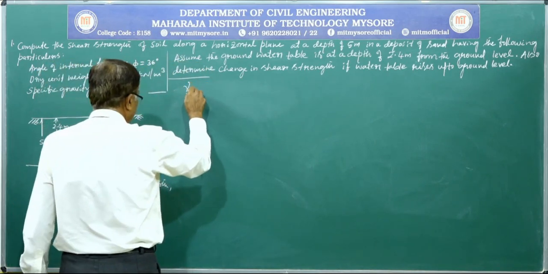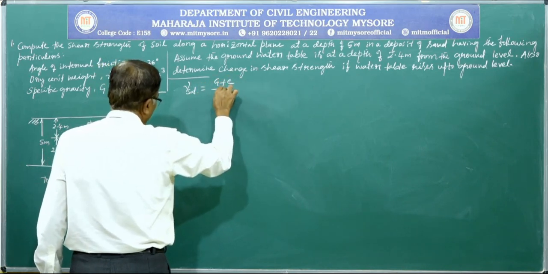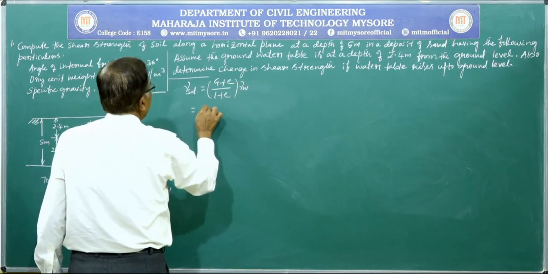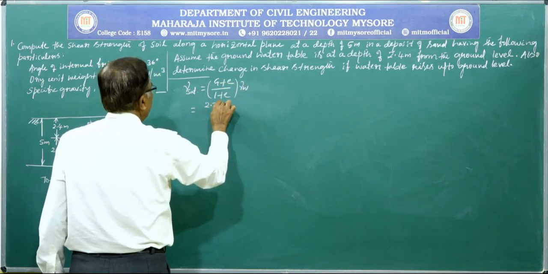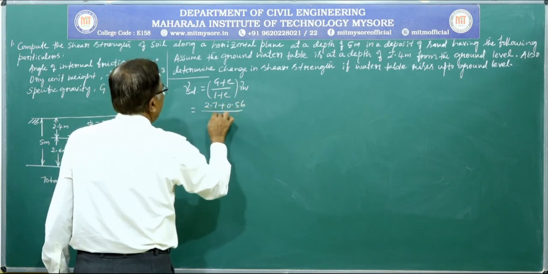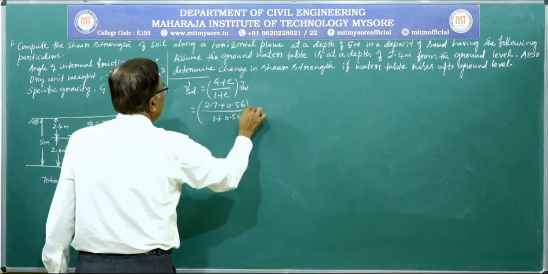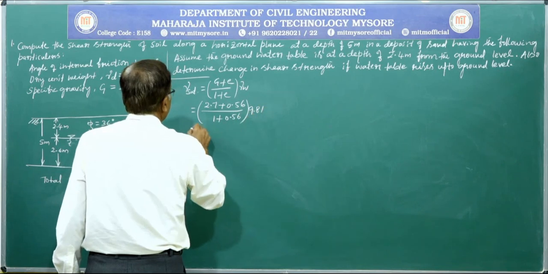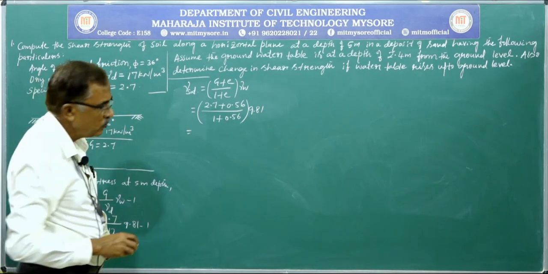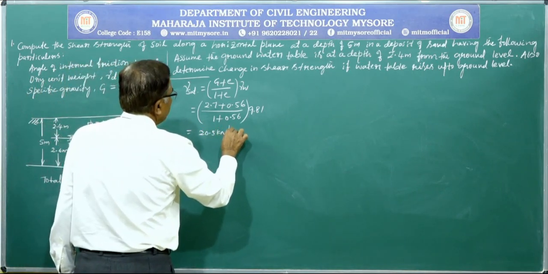Saturated unit weight gamma saturated is equal to G plus e divided by 1 plus e into gamma w, that is equal to 2.7 plus 0.56, that divided by 1 plus 0.56 into 9.81. Solving we get gamma saturated, that is equal to 20.5 kilonewton per meter cube.